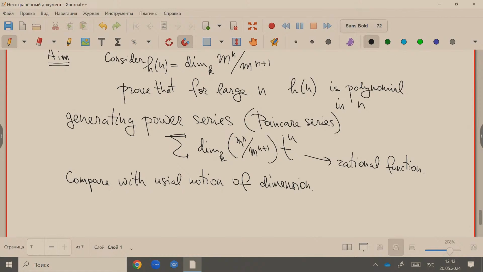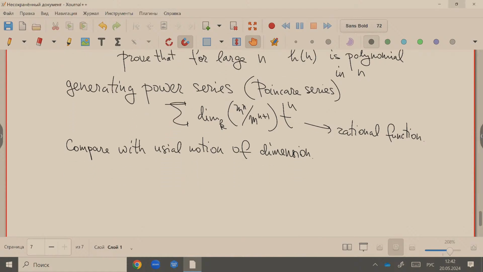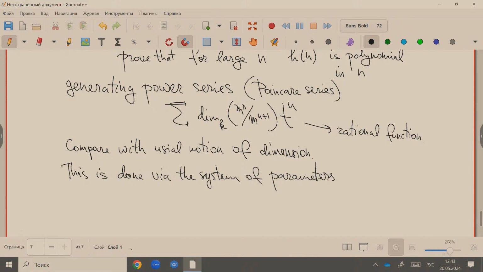How can we compare it with the usual notion of dimension? The idea is that you can do it via the previous statements that we discussed, via the system of parameters. What was the aim?